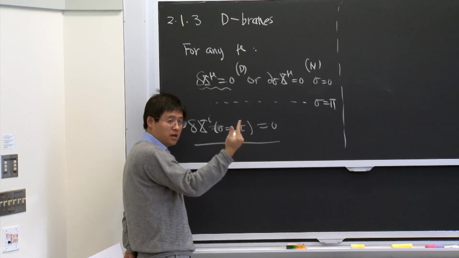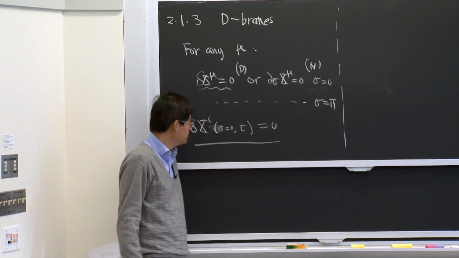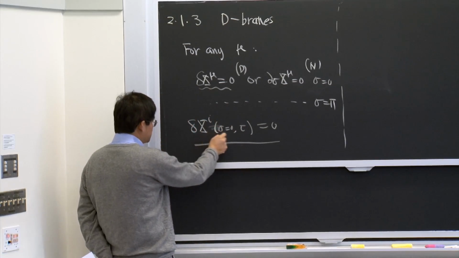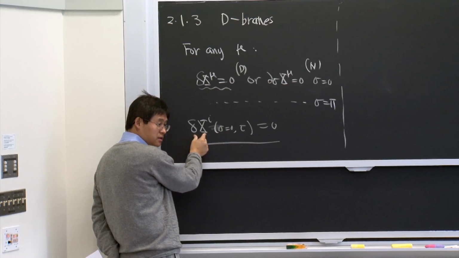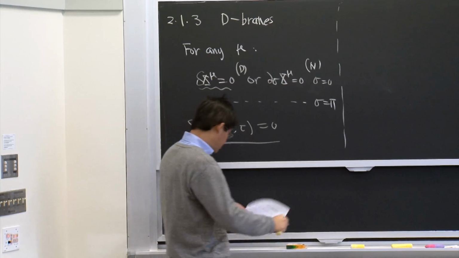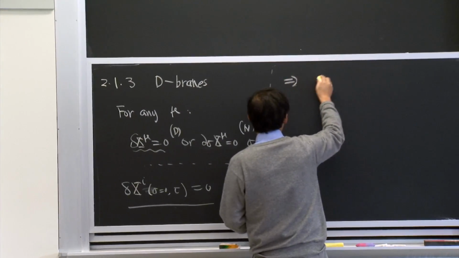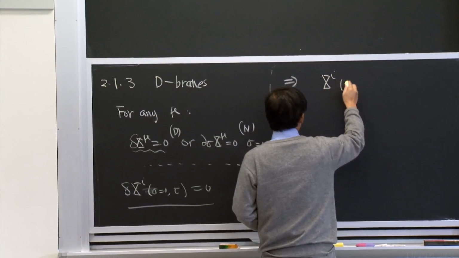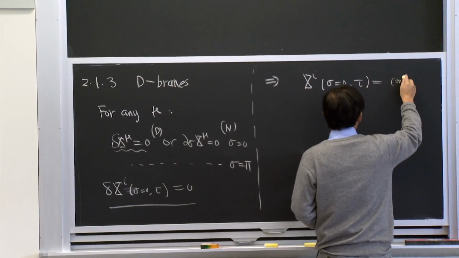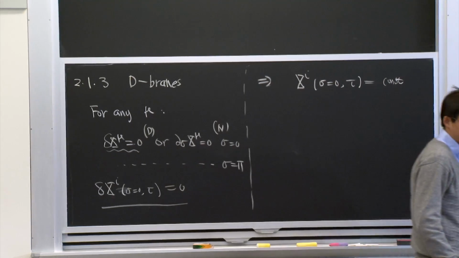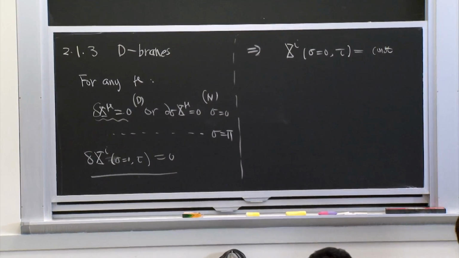Tau parameterizes your worldsheet time. So this tells you that at all times, the value of x^i does not change at the endpoint. This directly translates into x^i at sigma equal to 0 being a constant in tau. So this is the Dirichlet condition.